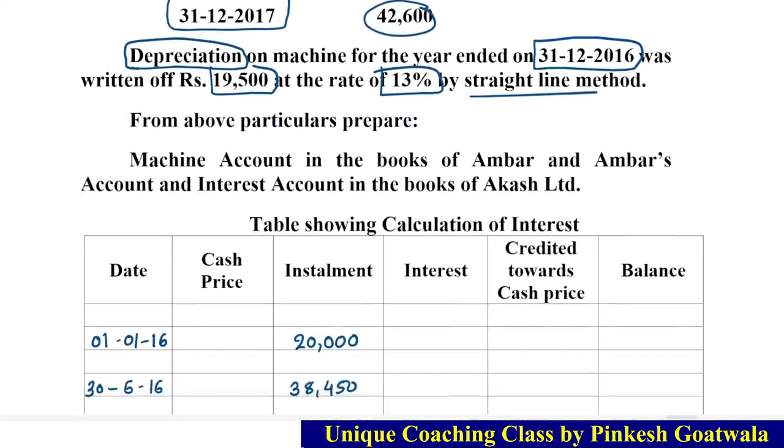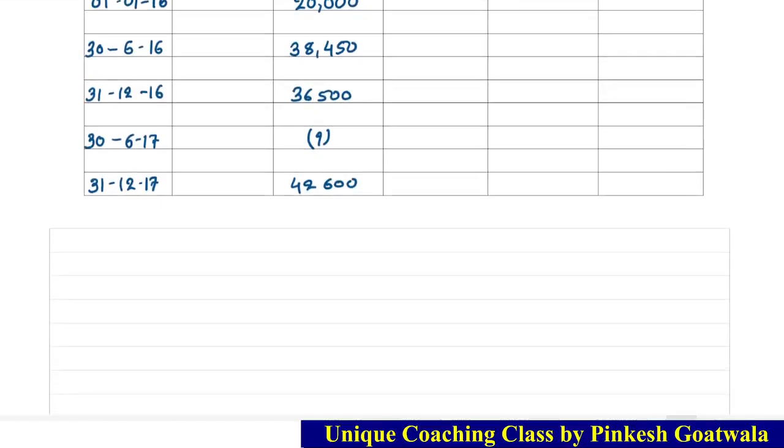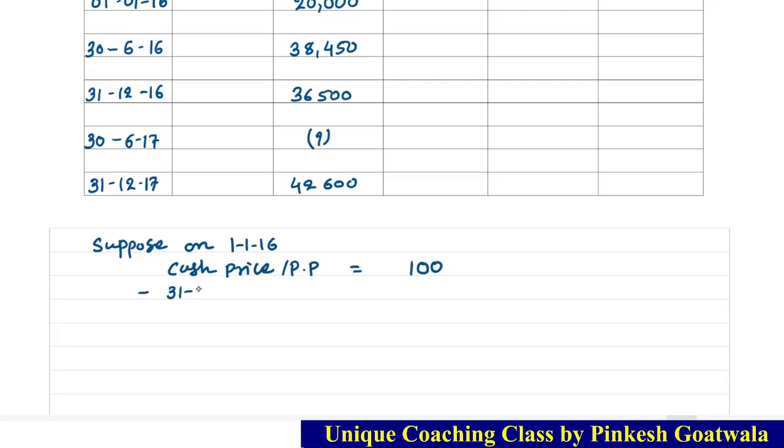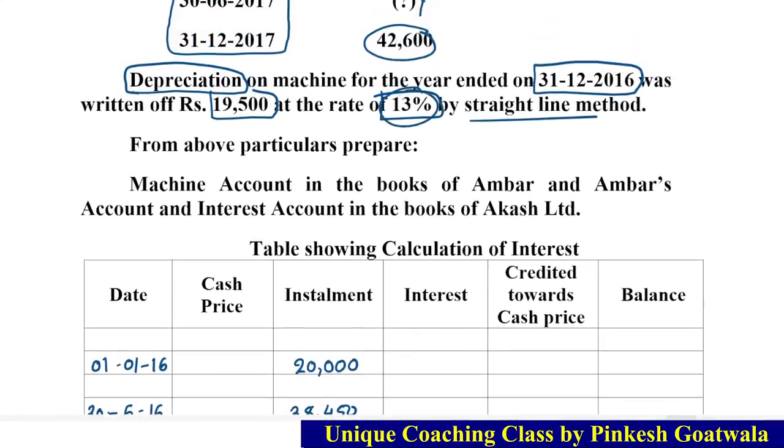So let's suppose on 1/1/16 its cash price or purchase price is 100. Now let's place depreciation. First depreciation will be calculated on 31st December 16. The rate of depreciation is 30%, straight line method.